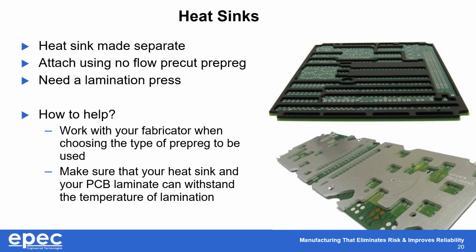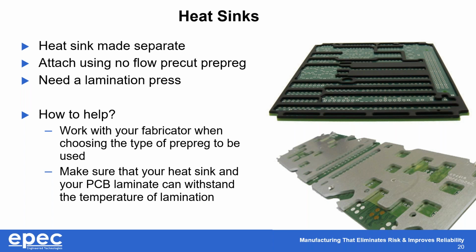Along with that, you have to make sure you have the right type of prepreg, because it may be the right type of prepreg to flow for the printed circuit board, but remember that you're utilizing a heat sink. You may have to get it to a temperature that's going to get that piece of metal high enough where the prepreg may not work.